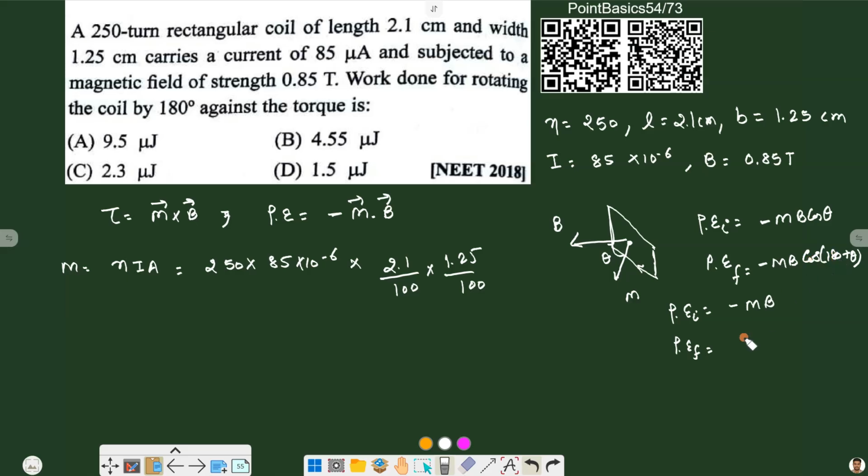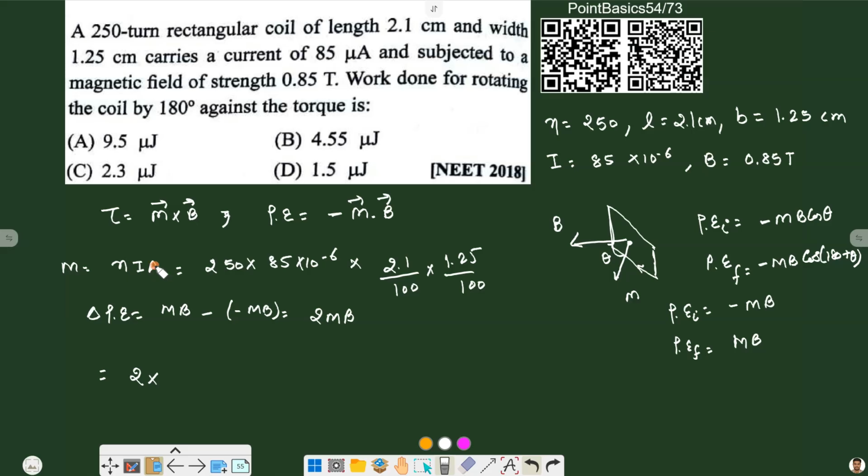Cos 180 is negative 1, so it will be plus MB. Change in potential energy delta U will be equal to work done, that will be MB minus of minus MB, so it will be twice of MB.